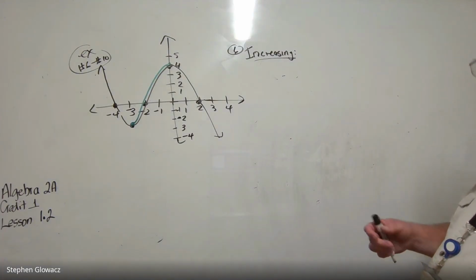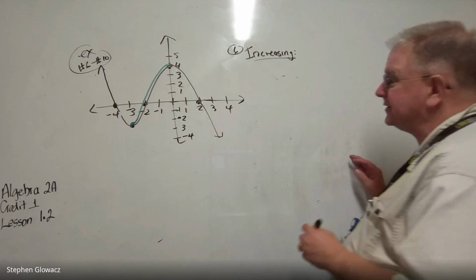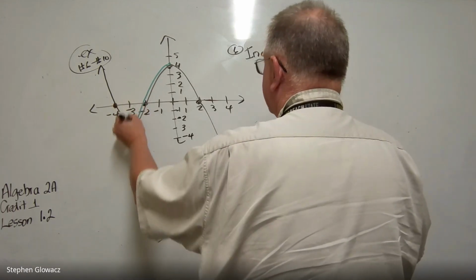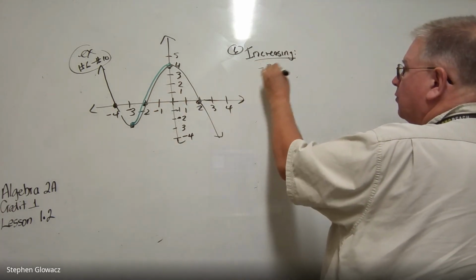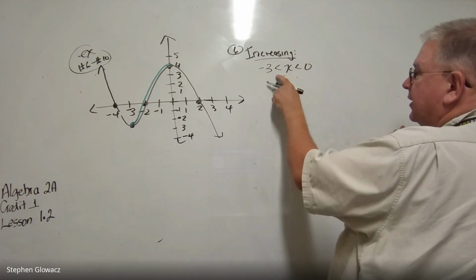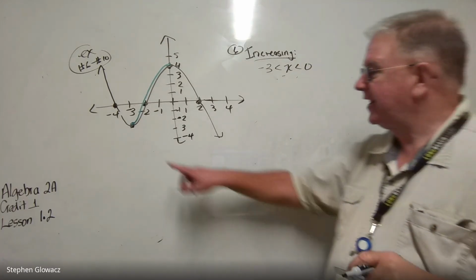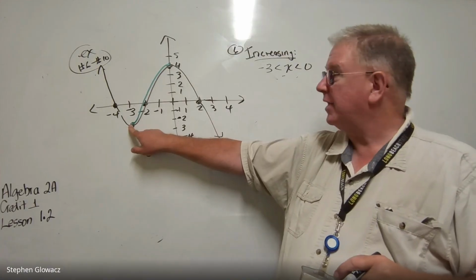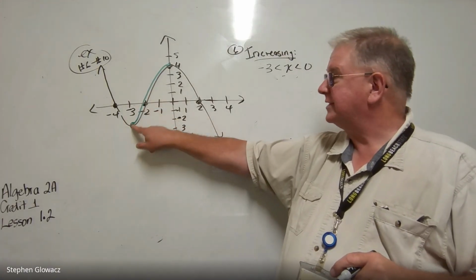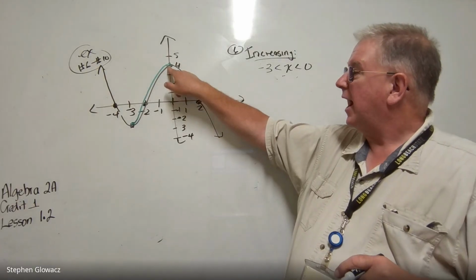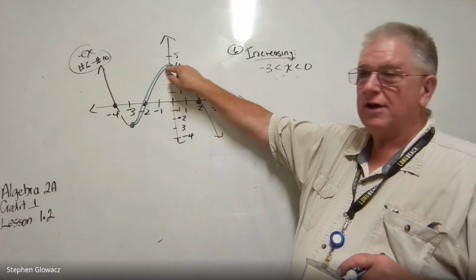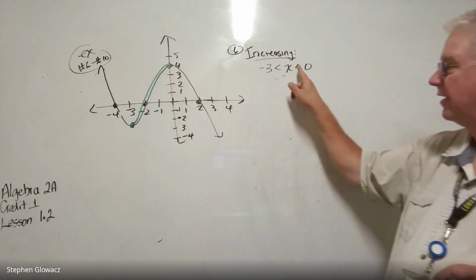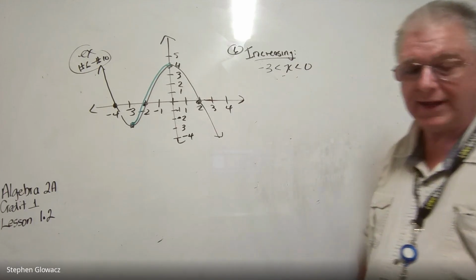So the only interval on which the graph is increasing would be here between -3 and 0. And again, remember, we are not putting equal signs because right at -3, where it bottoms out, there's no increase there, and at 0, where the graph tops out here, it's no longer increasing. So that's why we don't have the equal signs at -3 and 0.